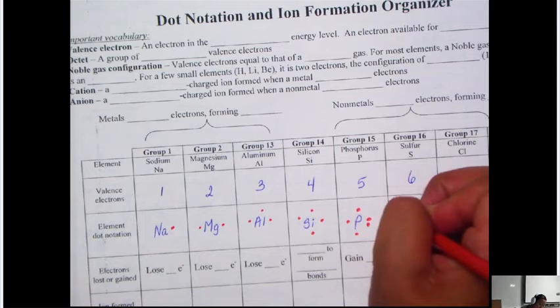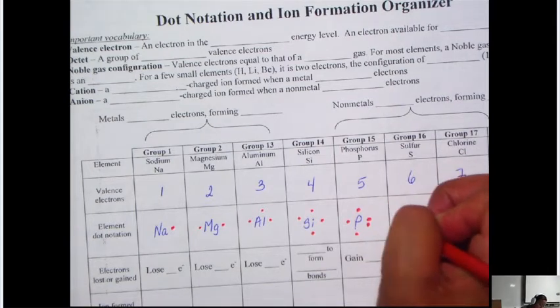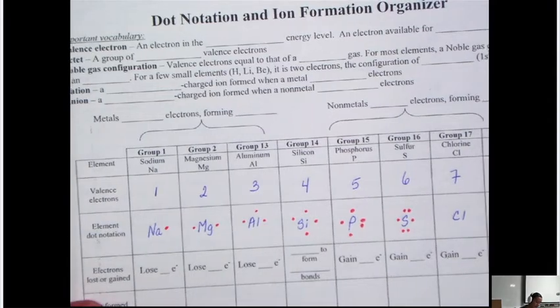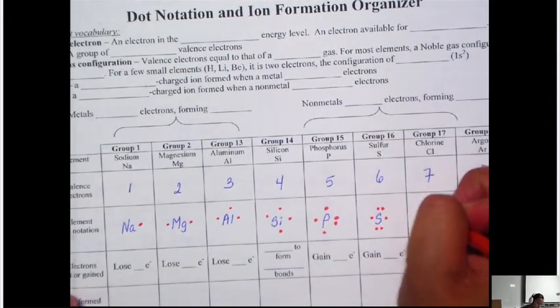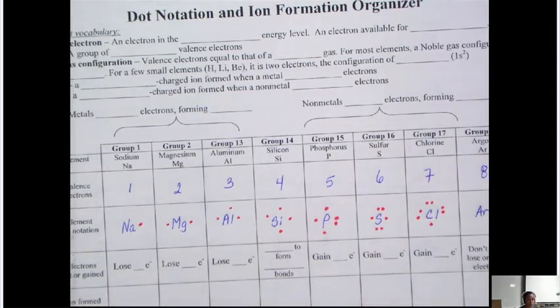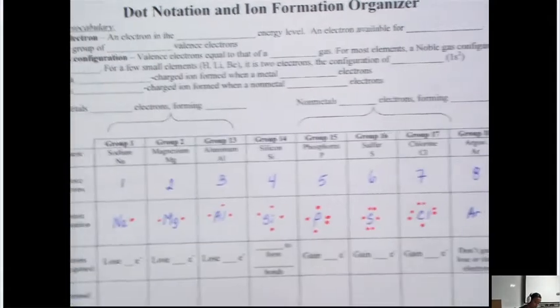Sulfur has 6. Chlorine has 7. And argon is going to have 8.